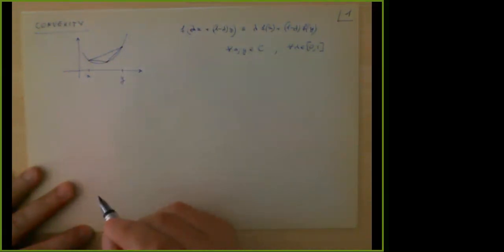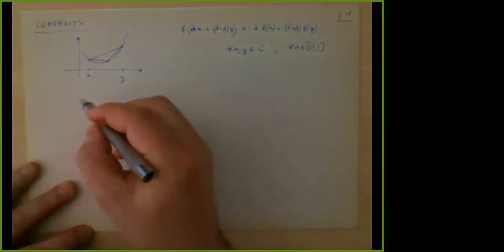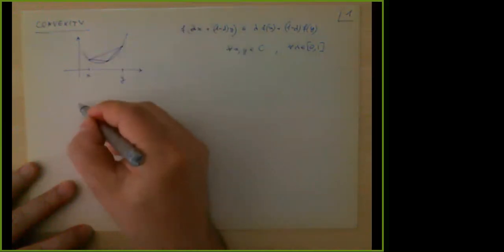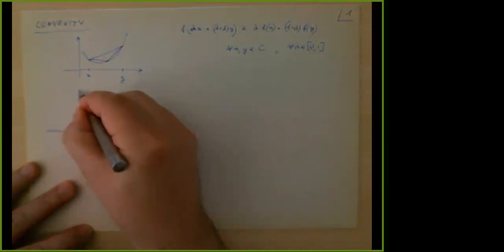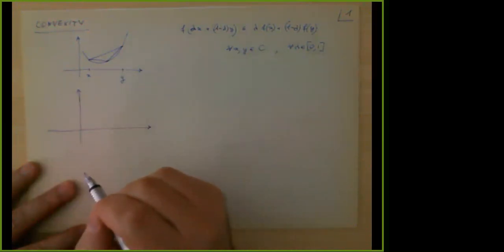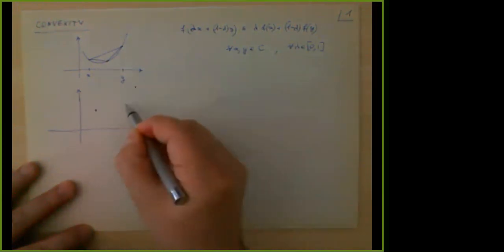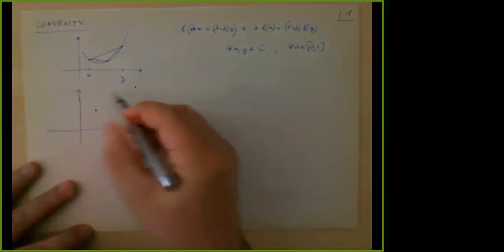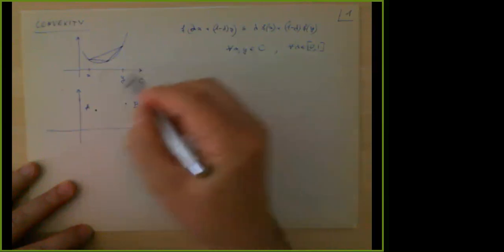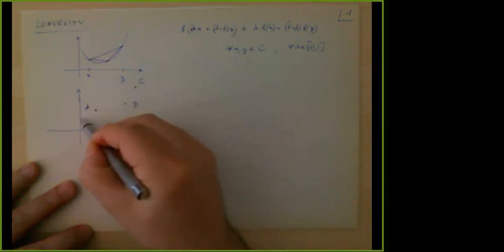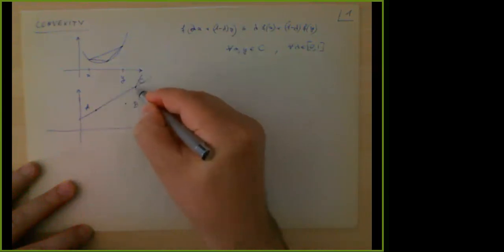In order not to be distracted by useless things, we just remove the graph of the function f itself, and we look only at an even simpler situation. We look at the situation where we have 3 points, let's say 1 point here, 1 point here, 1 point here, and we give names to these points. This is A, this is C, this is B, and we look at the affine functions that join these points.